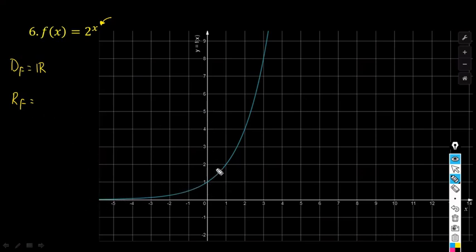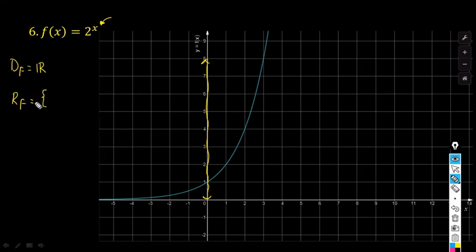So what values are being swept in the y-axis by the graph? All of this except 0. Okay, 0 I'm not counting it. All numbers above 0 will be part of the range except 0. So how can I write that?